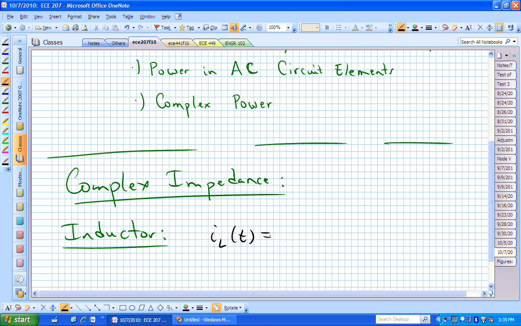Then we'll go into the complex domain, and hopefully it will be clear what we mean by the complex impedance associated with an inductor. The current, let's say, of this inductor that we're looking at is I sub m, that's the magnitude of the current, and then we have sine at a frequency omega t.